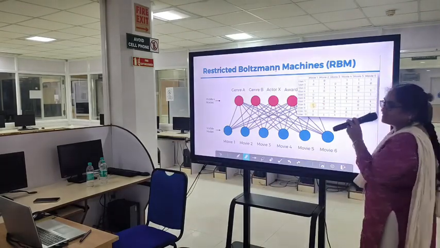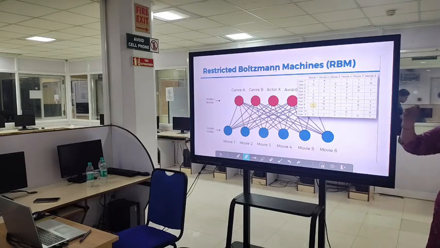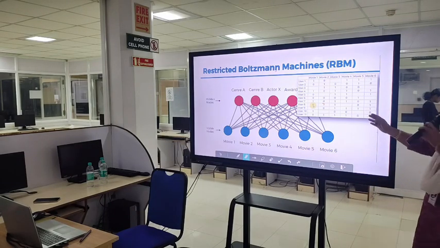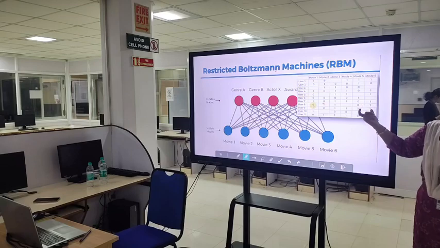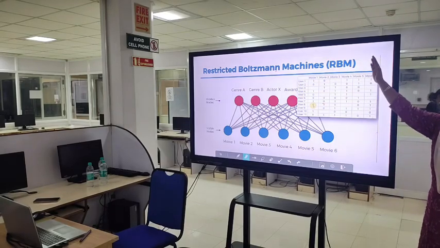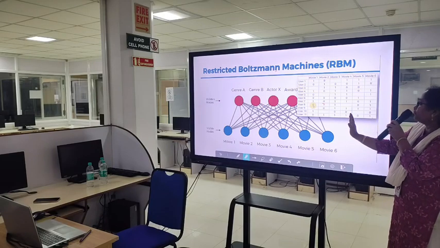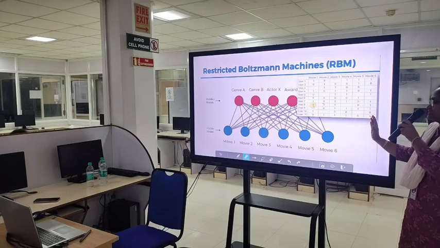There are many patterns like that. So I will derive one pattern. It may not happen in all cases, but I will derive a pattern saying that irrespective of the user, across multiple users, if they are watching movie 3 and movie 4, they are also likely to watch movie 6.